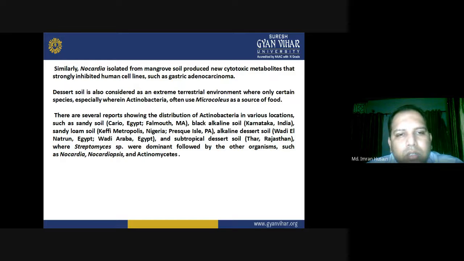Desert soil is also considered an extreme terrestrial environment where only certain actinobacteria species survive, often using micropolis as a source of food.